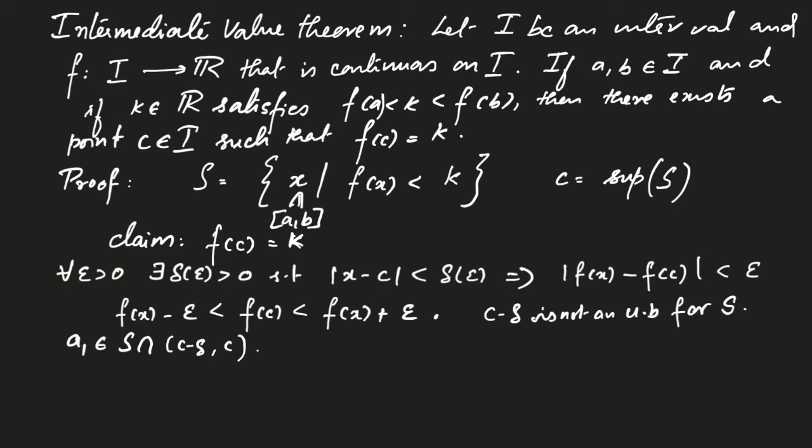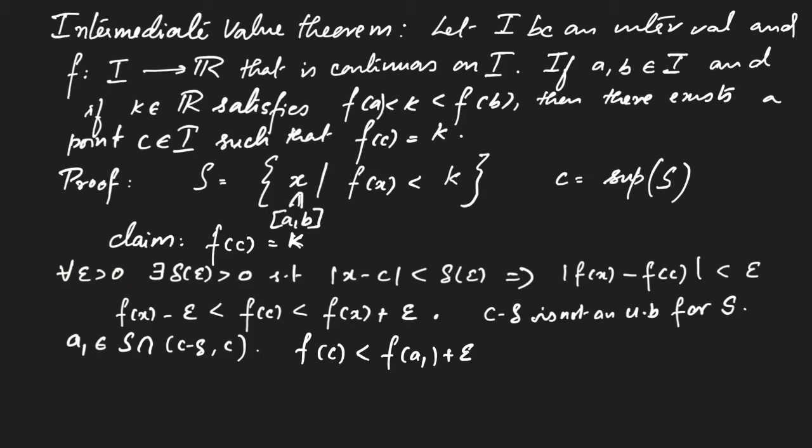Thus from the inequality for continuity we get that f of c is less than f of a1 plus epsilon. Why? Because for any x which belongs to (c minus delta, c plus delta), this inequality is satisfied, and in particular a1 belongs to this interval.